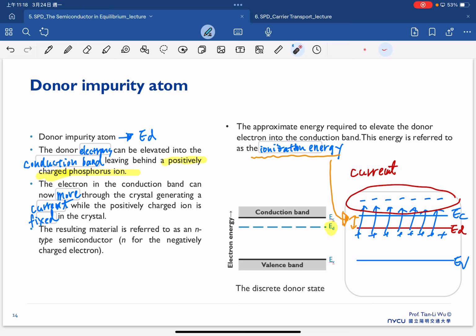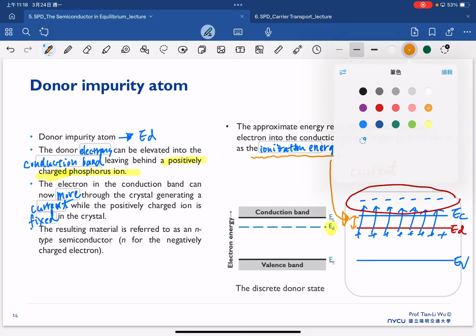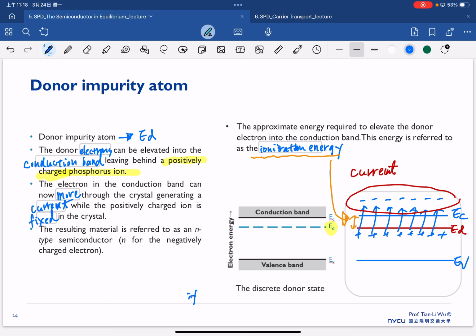So with the understanding of the band gap and the energy level, if the ionization energy becomes small, that means the electrons in the conduction band are increased.